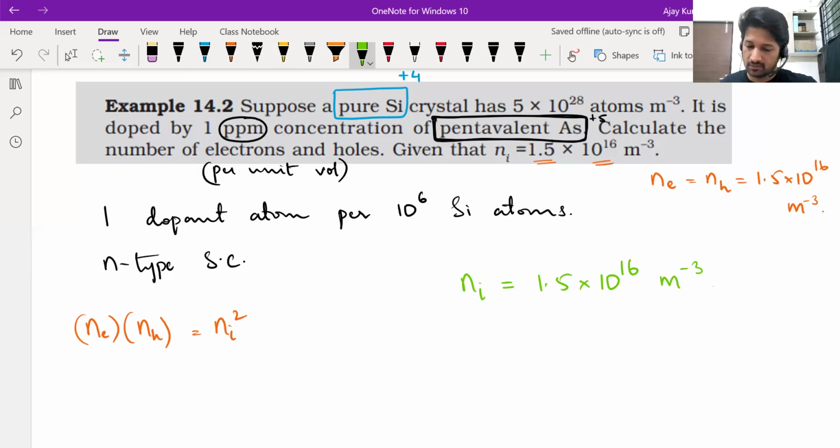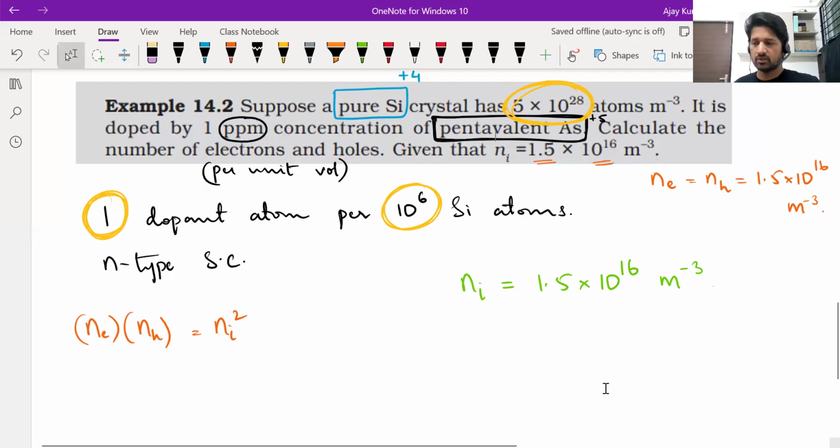Now, we doped it by 1 ppm, right? Silicon had 5 into 10 power 28 atoms per meter cube. For every 10 power 6 silicon atoms, you have introduced one arsenic atom. So for these many atoms of silicon, how many arsenic atoms are present?